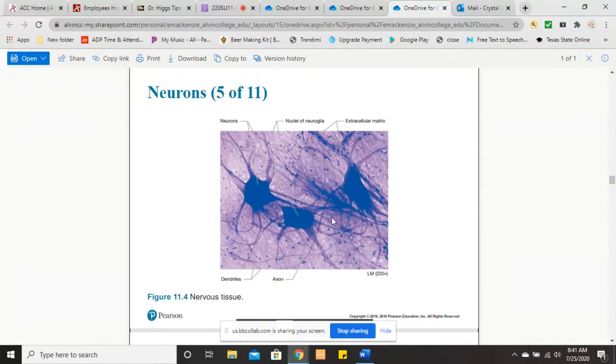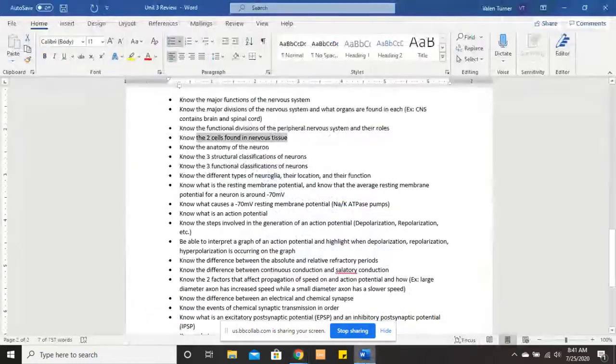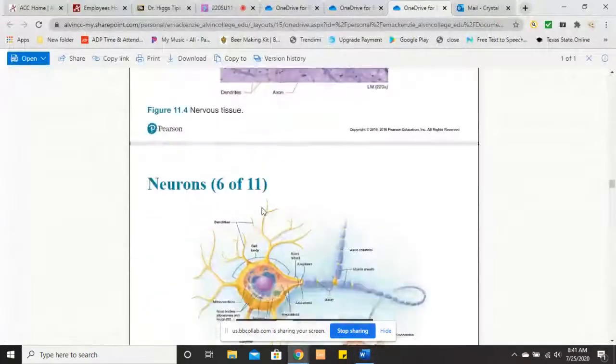The long extension is called the axon, and the short extensions are called the dendrites. The dendrites are how you receive information, and the axon is how it sends out information. And all the little round cells are the neuroglial cells, helping to support the neuron. We knew that already.